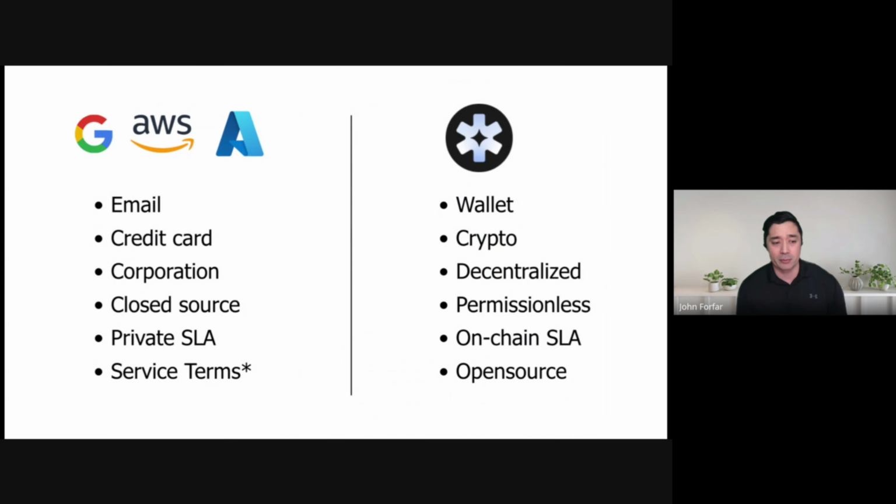The other problem is the bigger platforms are closed source. They have, again, terms of service that are not aligned to an open source developer. And what OpenX AI is doing is delivering a similar service, but in a decentralized, open source way. So you can log in with your Web3 wallet.